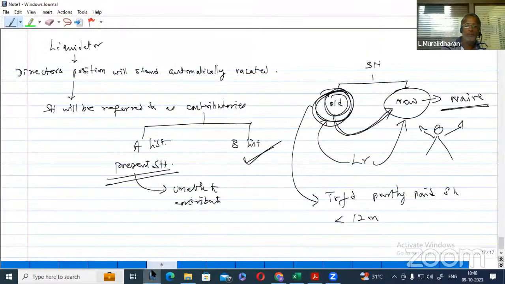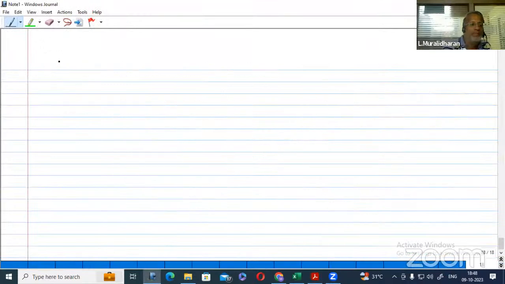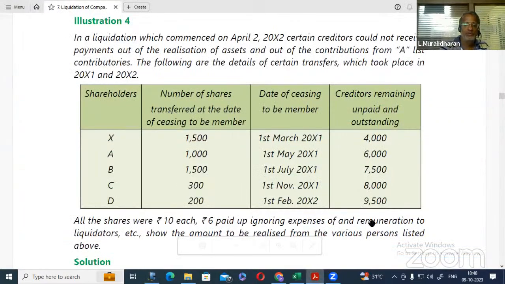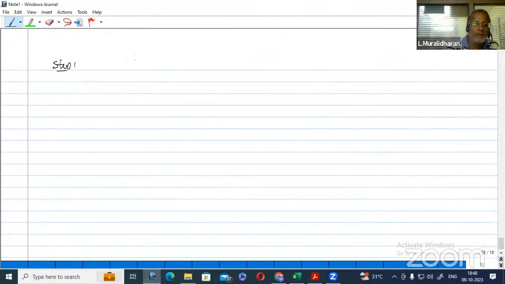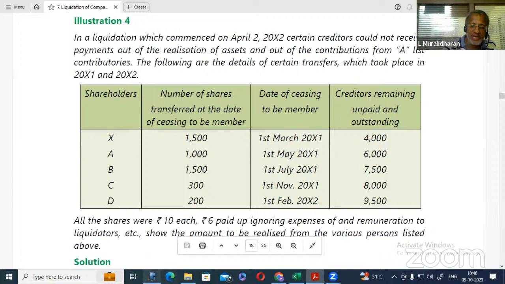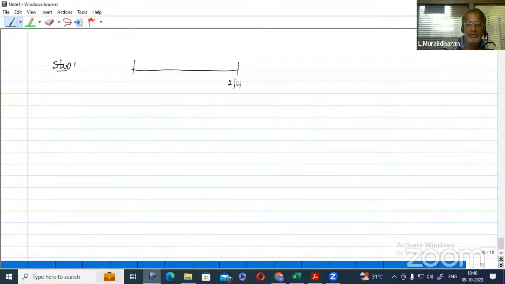Now, first step, evaluation. By looking into the case, what is that 12 months period? When it is 2nd of April x2, what is the 12 months period prior to the date of winding up? From 2/4/x1 to the previous day 1/4/x2.